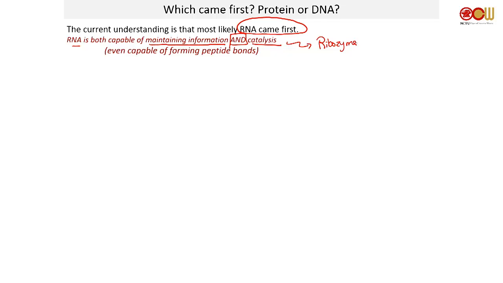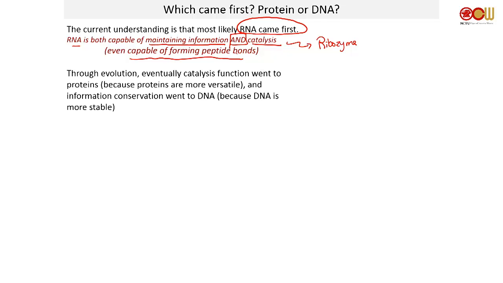Sounds kind of funny. Yeah, so those are RNA catalyzing things. They are RNA molecules that are capable of catalyzing reactions. That's cool. So even capable of forming peptide bonds.